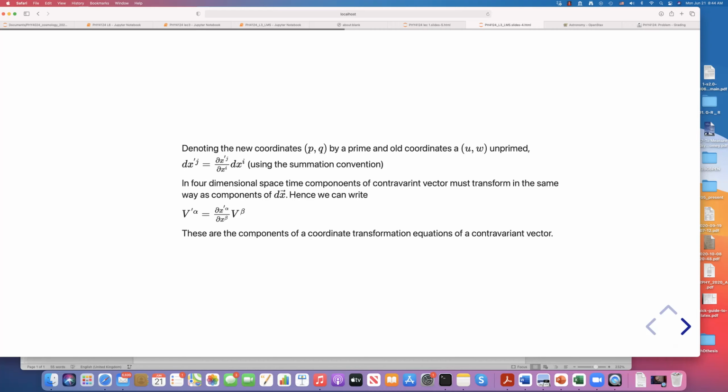And once again, what you need to understand here is it is the beta component that should be summed over. For example, in four-dimensional space-time, those four components will transform in this way, and each component will transform in this way.